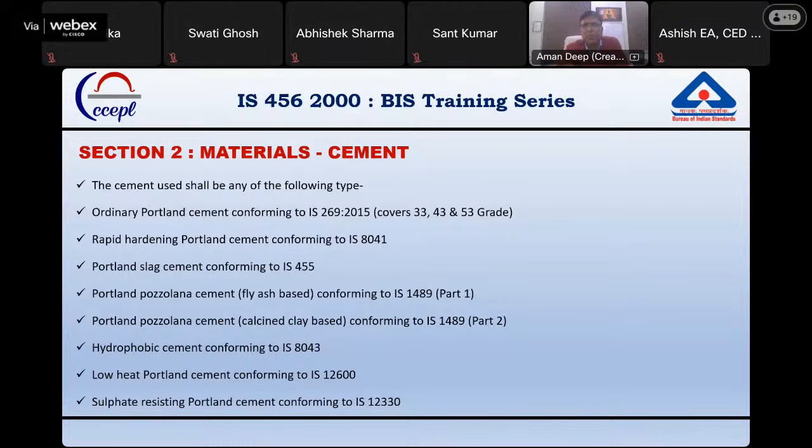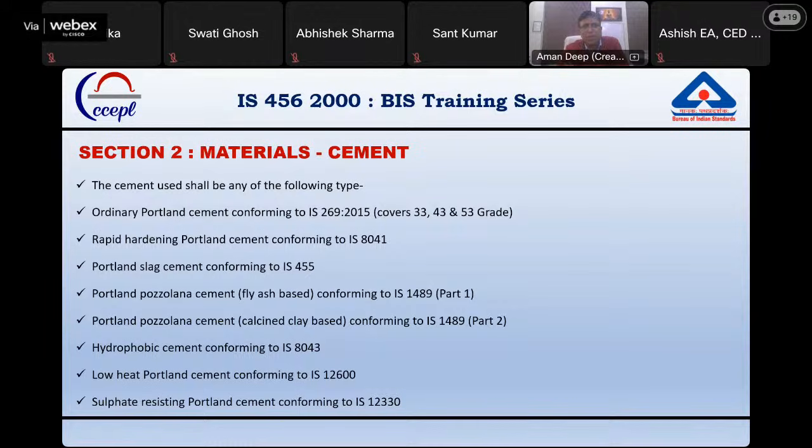The difference, mainly, is that PSC and PPC are more environment friendly, or greener cement, because they have lower carbon emissions. OPC can also be used as per the design requirements.